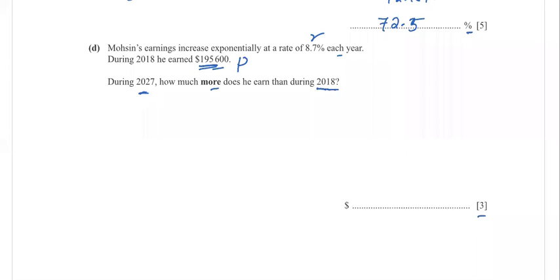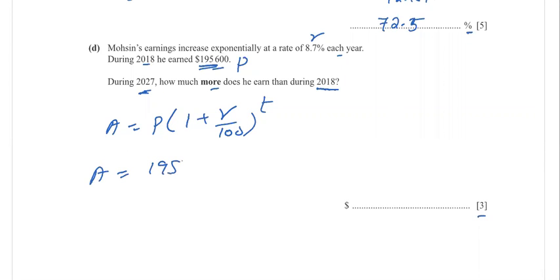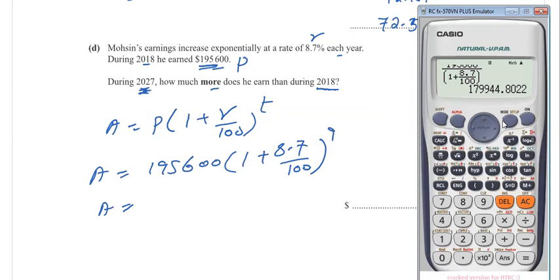So first we will calculate the amount using this formula, and then we'll compare it. Now between 2018 and 2027, the time duration is 9 years. So 195,600 into 1 plus 8.7 over 100 to the power 9 years. So let's calculate the amount that will be available in 2027.